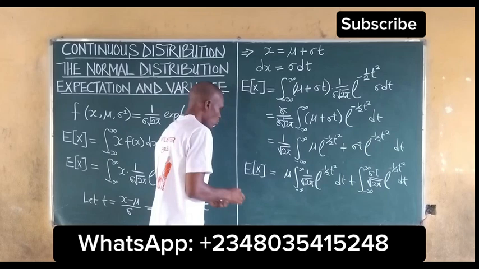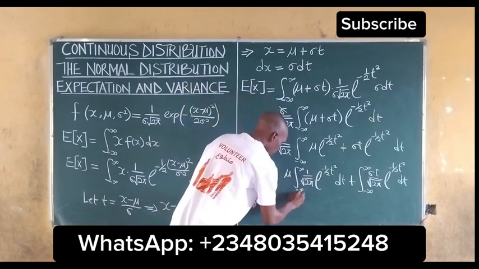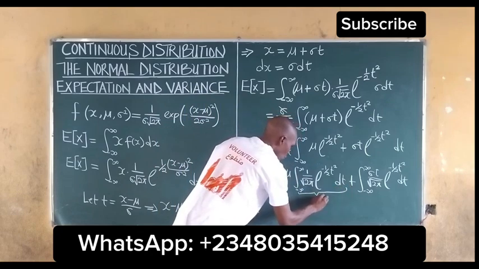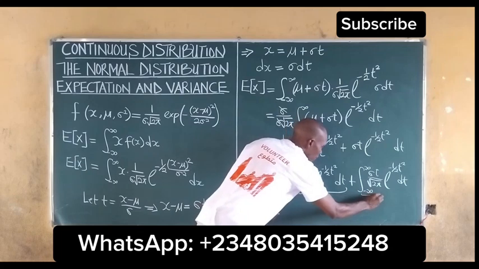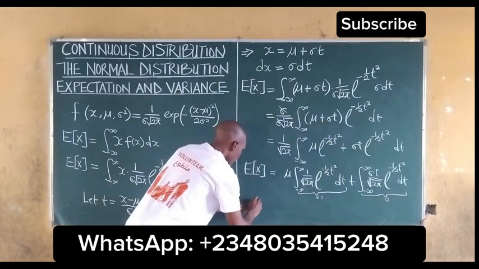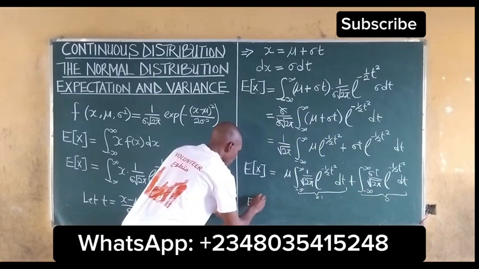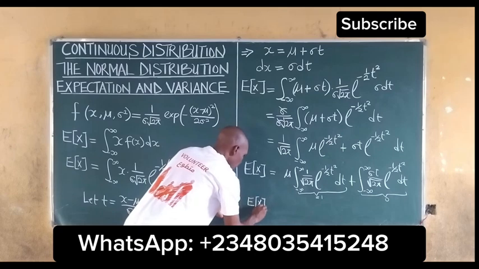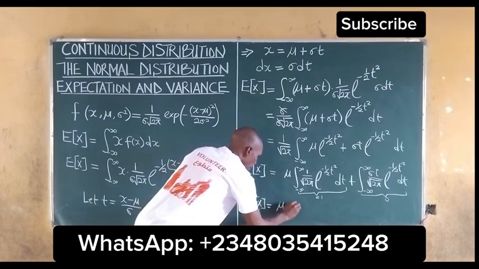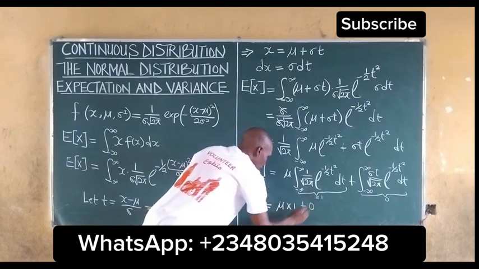Now, we should note that the whole of this is equal to 1, while the whole of this is equal to 0. It then means that our expected value of x will be equal to mu multiplied by 1 plus 0.